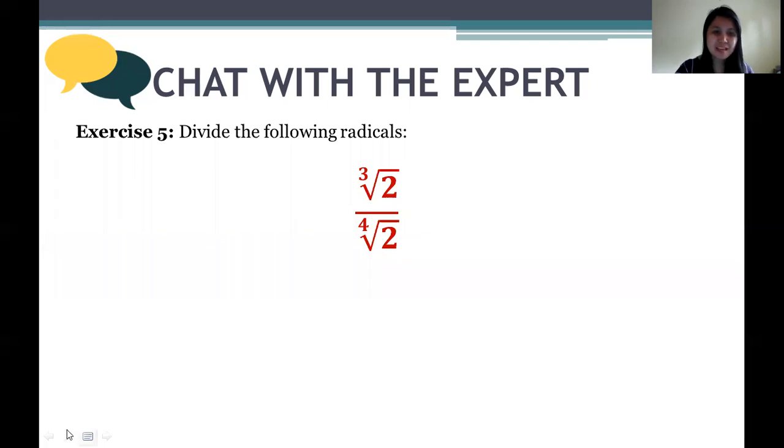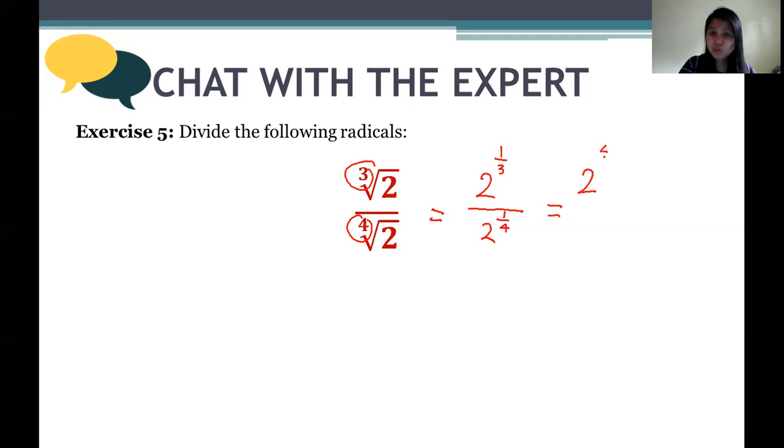This one. They have different indices, 3 and 4. So you rewrite them first as rational exponents. 2 to the power of 1/3, and the other is 2 to the power of 1/4. Now 1/3 and 1/4. How can we write them in similar fractions?